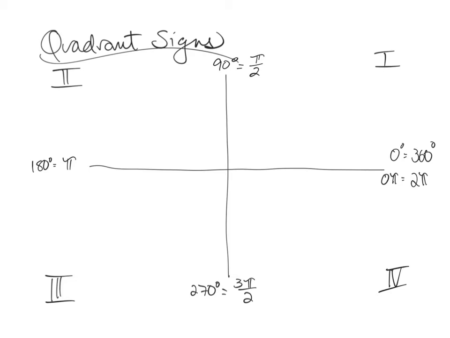So I'm going to write over here in quadrant 1, all values are positive. And that's sine, cosine, tangent, secant, cosecant, cotangent. All 6 trig functions will have positive values if that ordered pair is in the first quadrant.